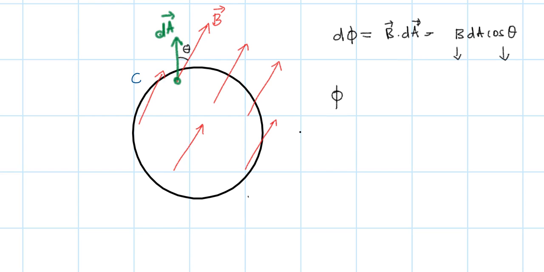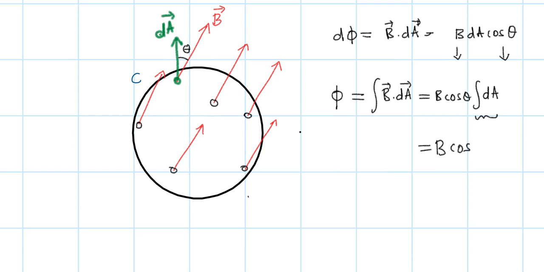Thus, while evaluating the total flux from the given tiny infinitesimal product, we can take B and cos theta out of the integration, leaving us with only integrating the tiny areas, which means you add all the tiny area values within the region, which will give you the total area of the region, which is nothing but the area of the circle.